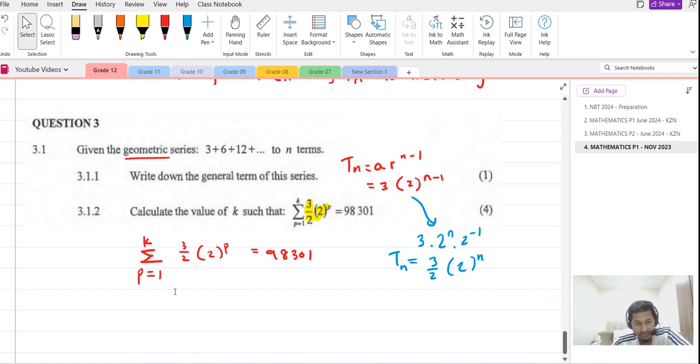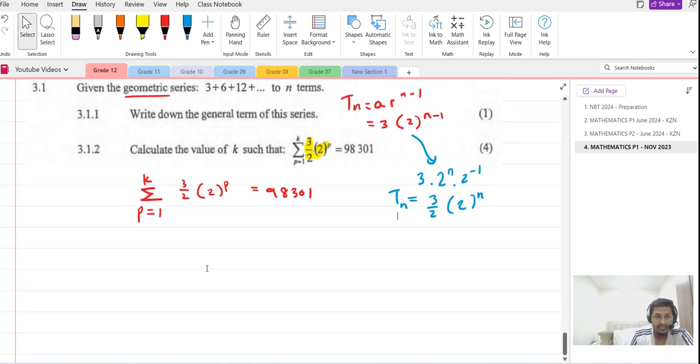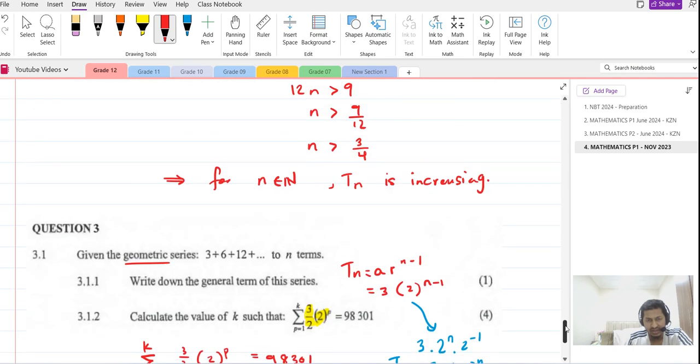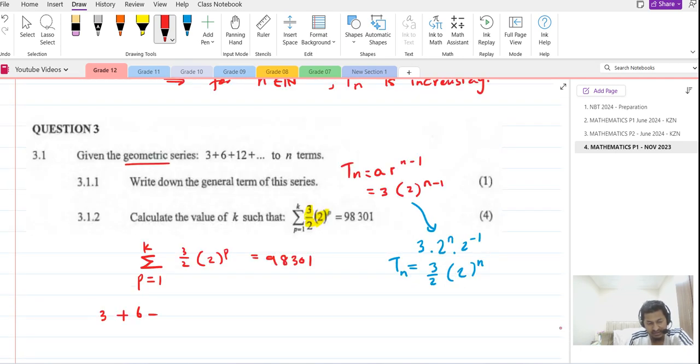We're not going to solve it like that. What we're going to do is substitute p as 1, 2, 3 and so on. Substituting p as 1, I get 3, plus substituting p as 2, 6, plus 12, and so on, up to 3 over 2 times 2 to the power k, equal to 98301.